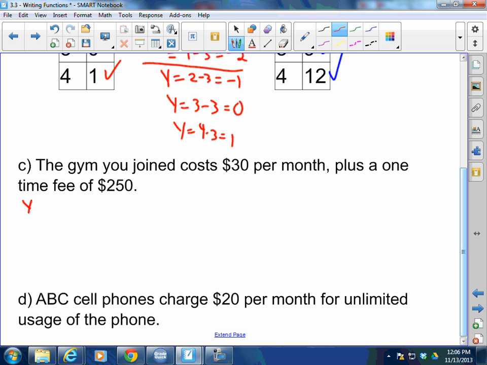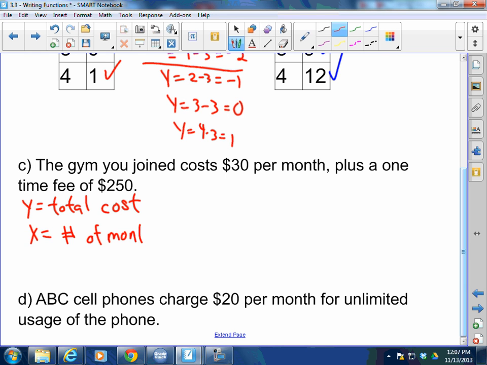What is the y? Y is the total cost. See what I'm saying? You had the right equation, but you didn't really understand what you were doing there. Thank you. This is a great mistake. And your x would be? The number of months. Very good.